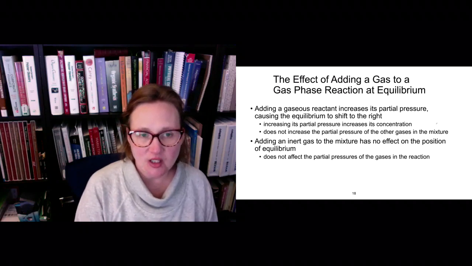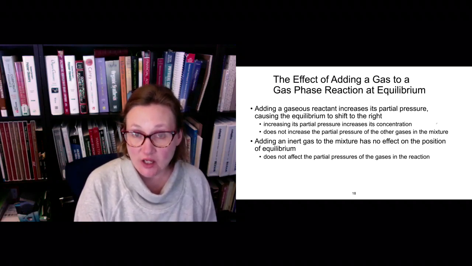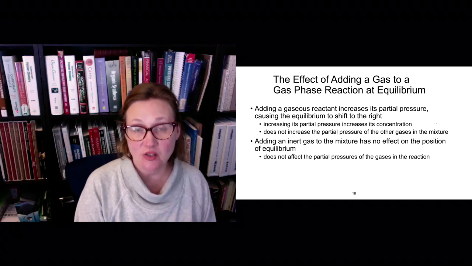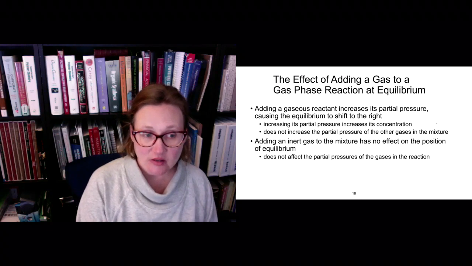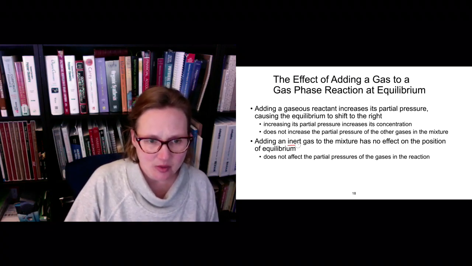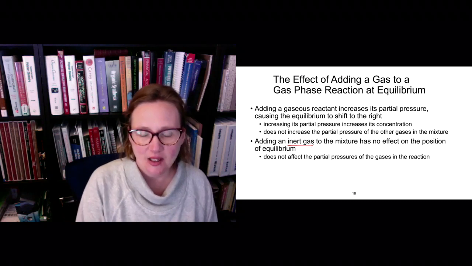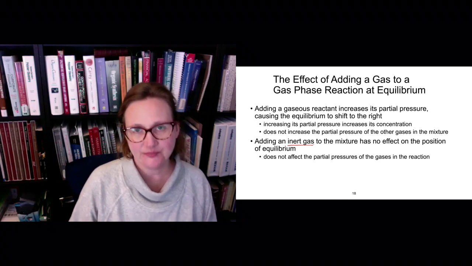Increasing the partial pressure increases its concentration, so we can think of partial pressures really just being a concentration. Another thing to think about is, what if we add in something that's not part of the equilibrium expression, like an inert gas? That's not going to do anything to the reaction.